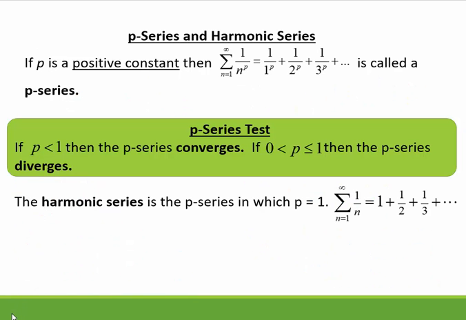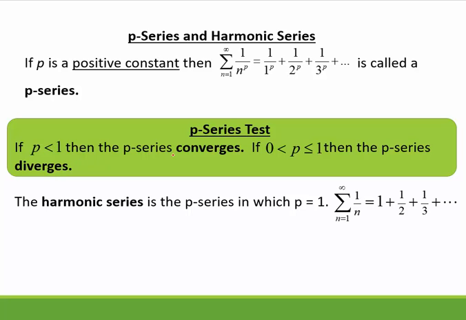Okay, P-series. And we talked about this when we did improper integrals. That's why I talked about that test during that section. So, P-series and harmonic series. If P is a positive constant, just reminding you what a P-series is, where you have your value and P is now in your exponent.